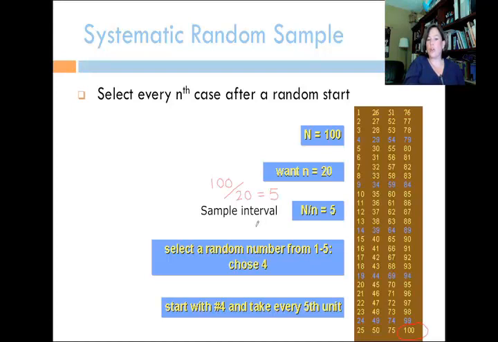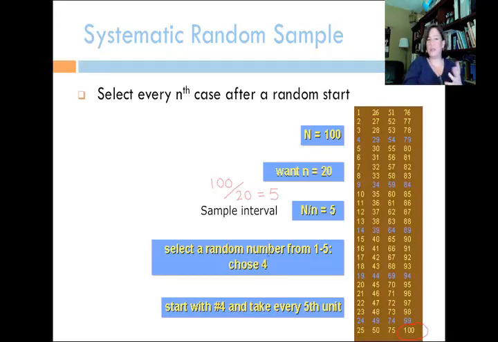You can draw your starting point out of a hat, but it has to be somewhere between the number of 1 to 5, our sample interval. So from 1 to the sample interval, choose a number at random to start with, and then take every 5th person after that for the sample.